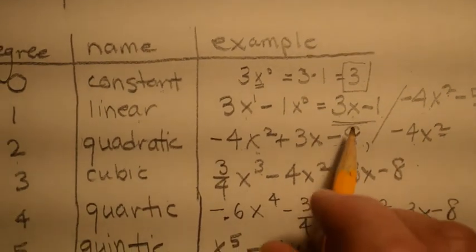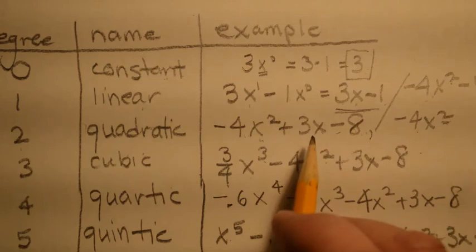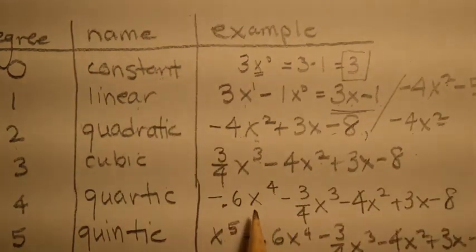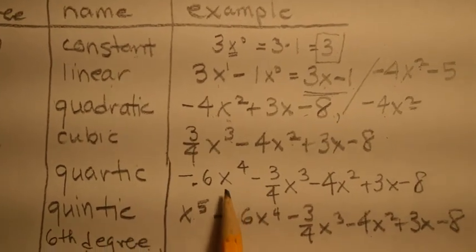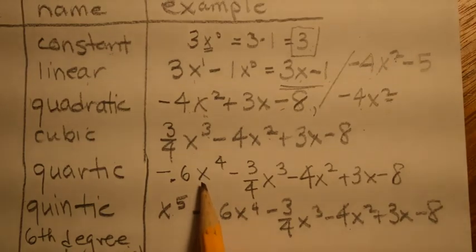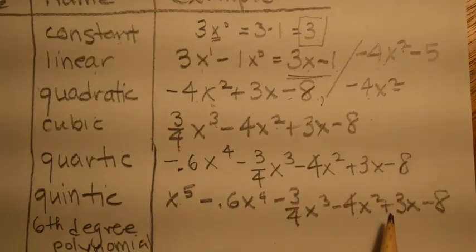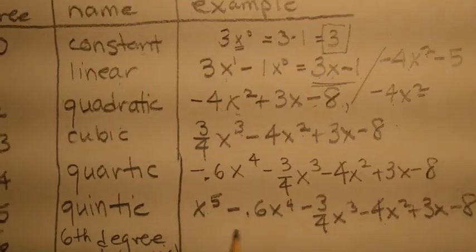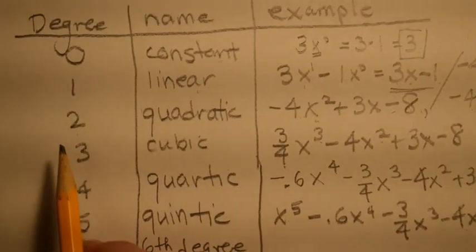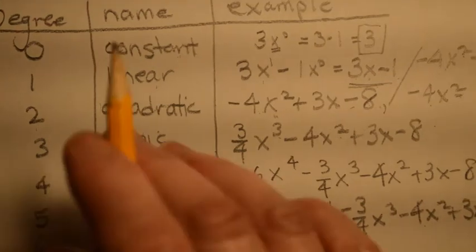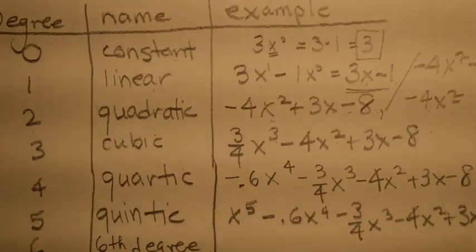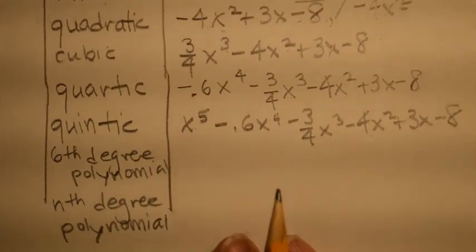We'll talk about some other weird ones in just a minute, but for the most part, we're going to be looking at ones that have a single variable. So notice how in each of these cases, I only used x's. But in just a second, we'll talk about ones that have more than one variable and how you assign them a degree, and whether they can be monomials, binomials, trinomials, and so forth.